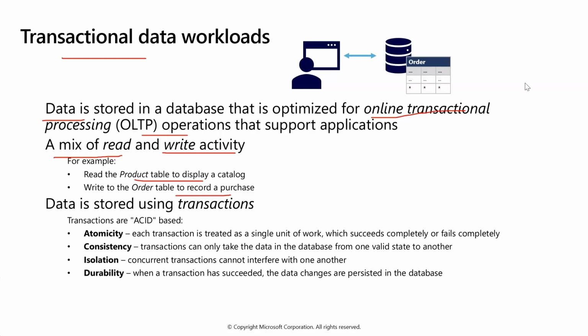Okay, so OLTP, if I had to technically define that, it is like a live system, something that is currently in use, right? So the data storage is optimized for both reading the data plus writing the data.